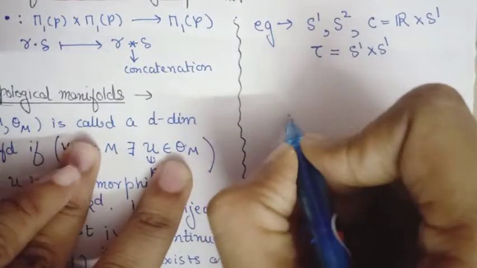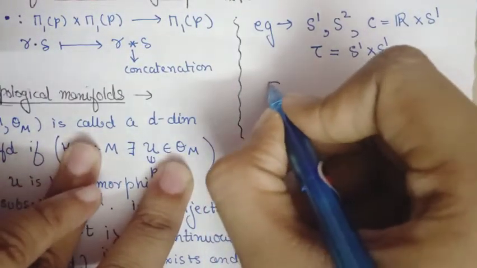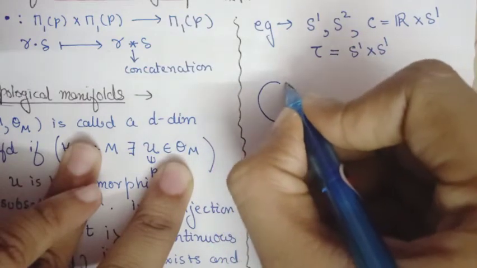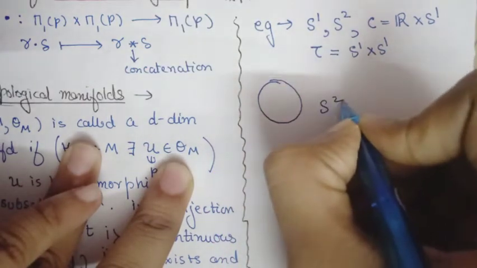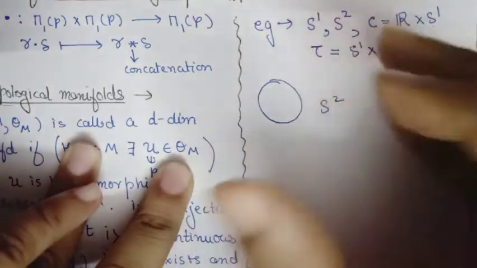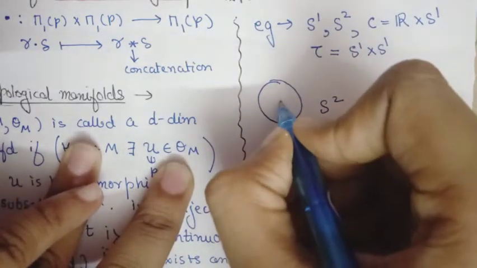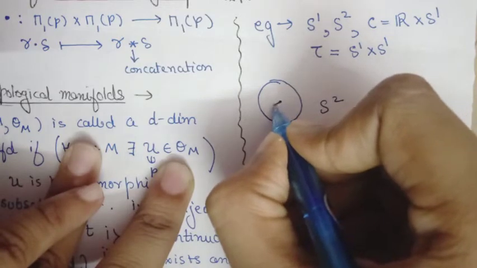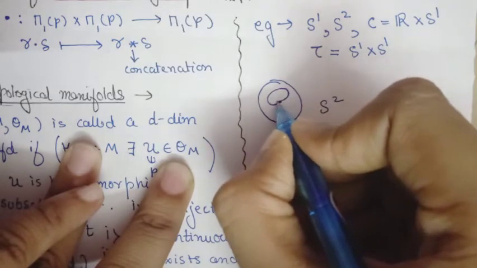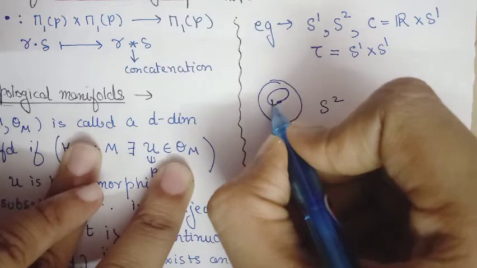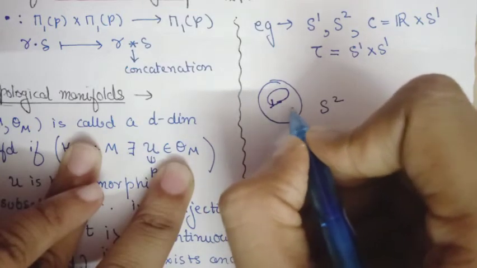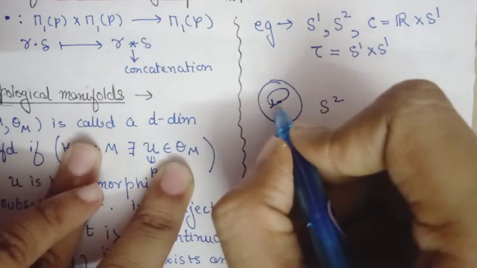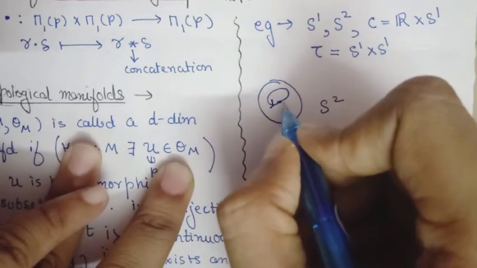Let's explain once more. So suppose this is S2, which is a sphere. Now you pick a point in S2 and then you make a loop over the sphere point. So you can travel like this, or you can also travel in the opposite direction, it doesn't matter actually.